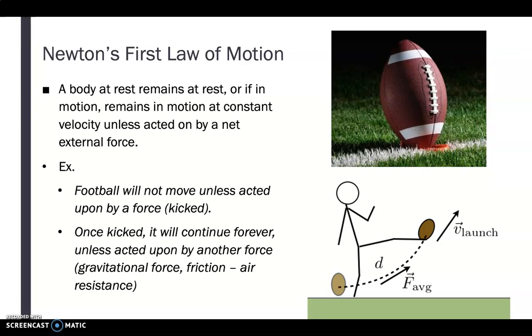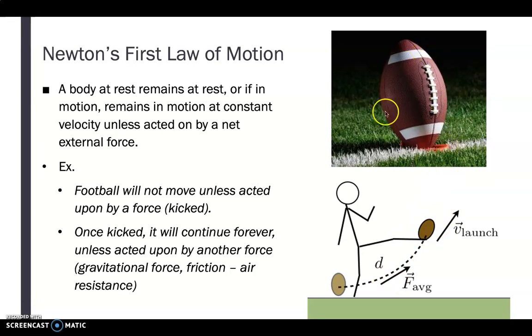That football's not going to move unless there's some kind of force acting upon it. Once that football is kicked, it will continue forever in that direction until it is acted on by another force, such as gravitational force or friction, like air resistance. So that's Newton's first law of motion.